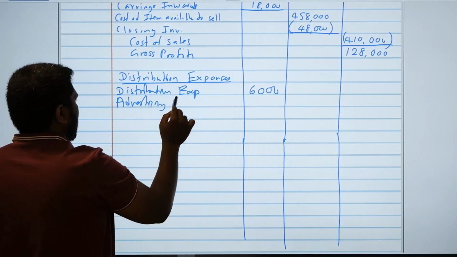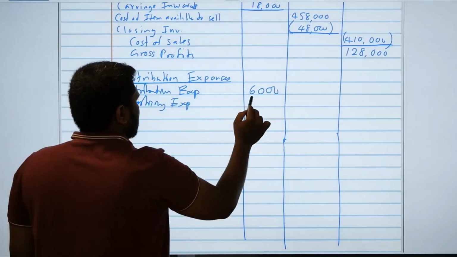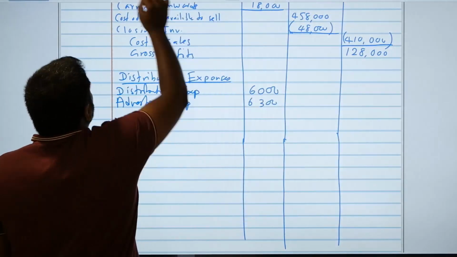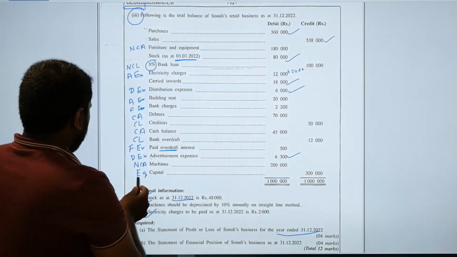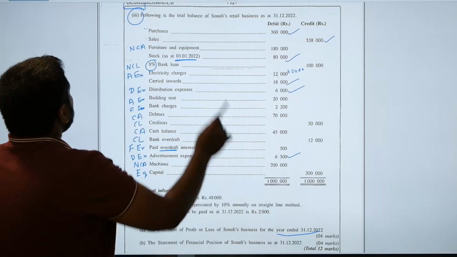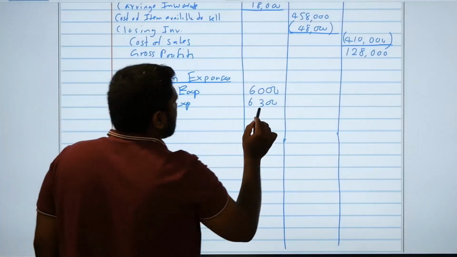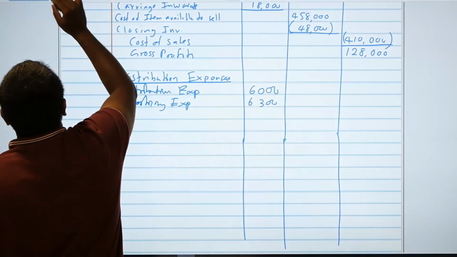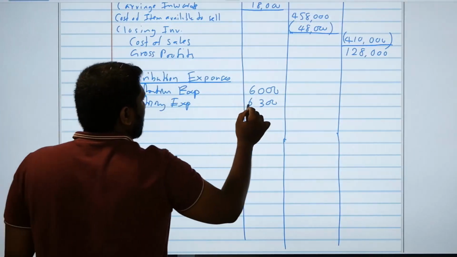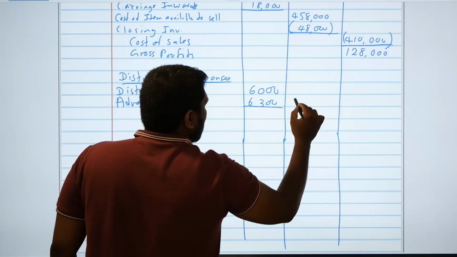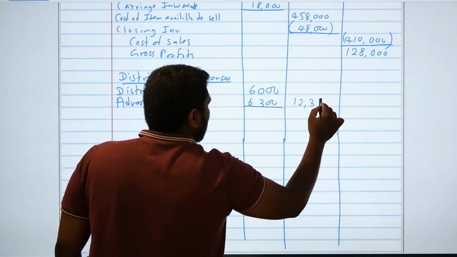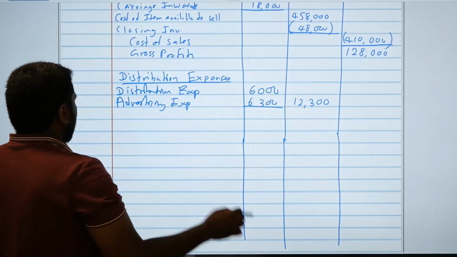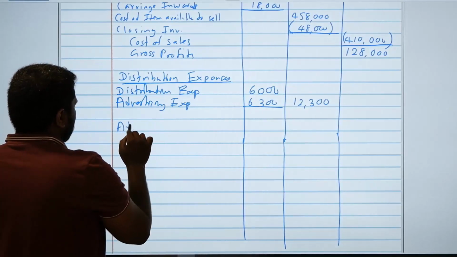Advertising expense 6,300. I think that's it. Yes. So here we are getting a value of 12,300. Then I'll take the admin expenses.